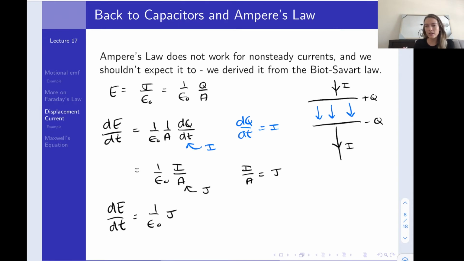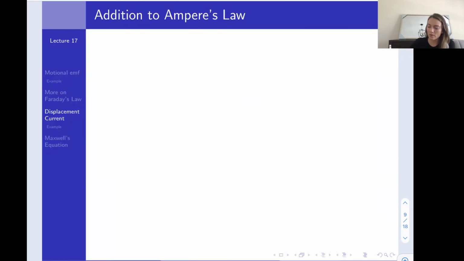Now let's look at another way to derive the same equation, but using flux. So again, I'm going to just write down my equation for a capacitor. The charge is just equal to the capacitance times the voltage. Now the capacitance, remember, I can rewrite as epsilon naught times the area of my plates divided by the distance between the plates.